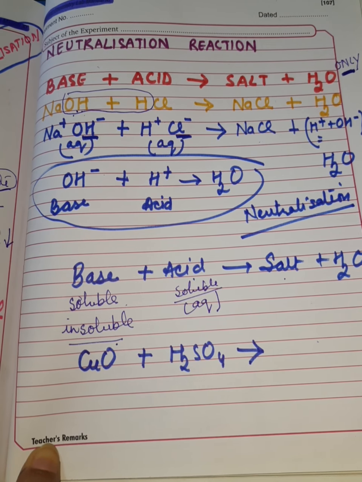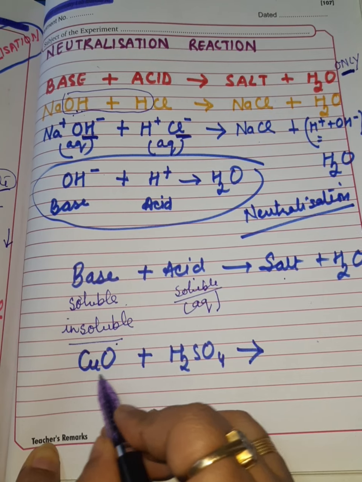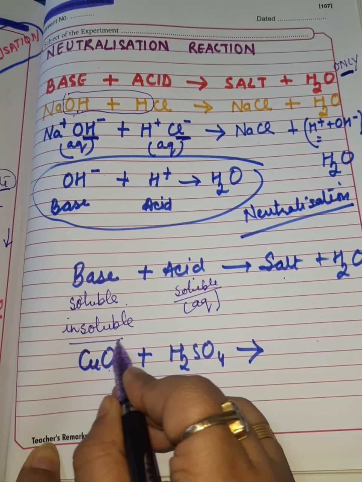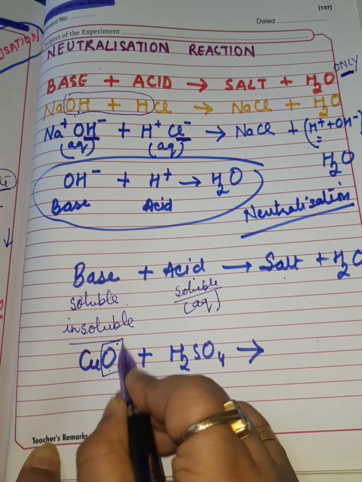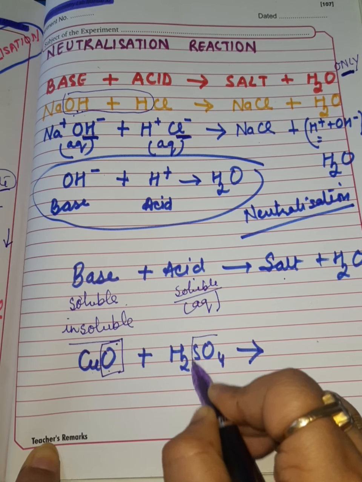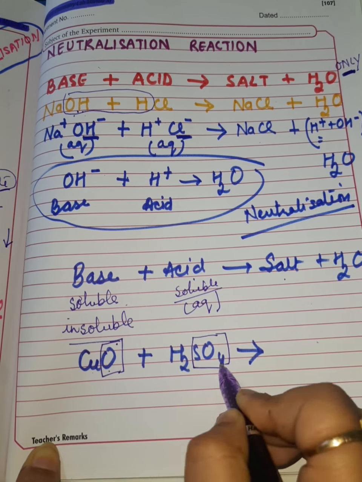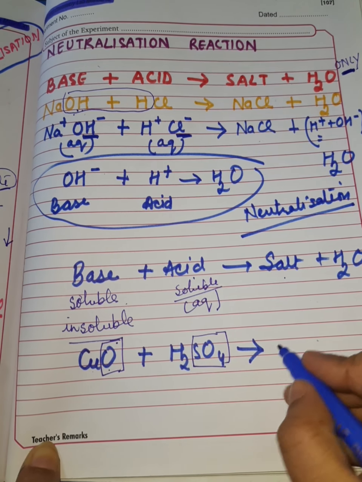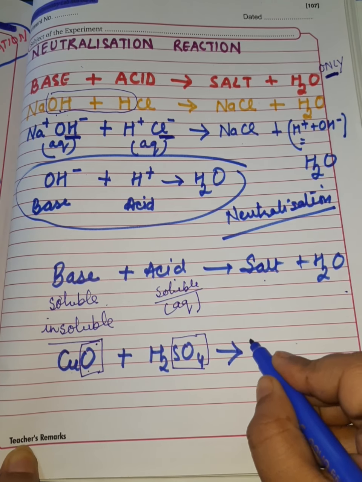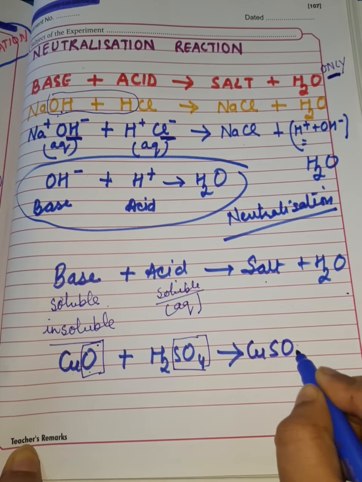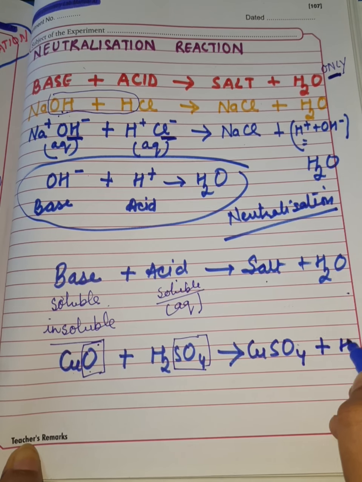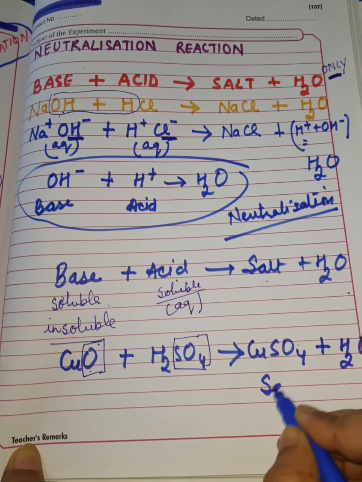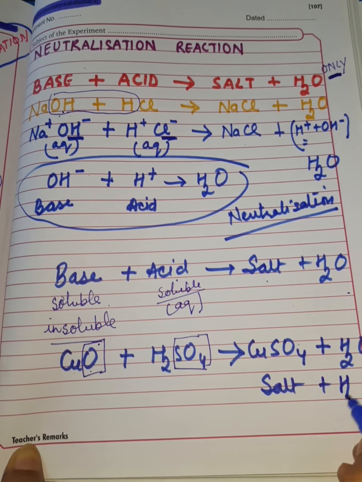They combine by exchanging ions. Copper oxide exchanges its negative ion with the sulfate, the negative ion of sulfuric acid. When they exchange their negative ions, we get new products. Which are the new products? One is CuSO4, copper sulfate, and the other one is water: salt and water.